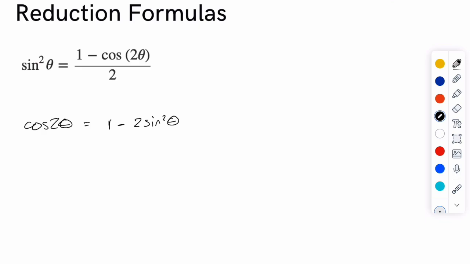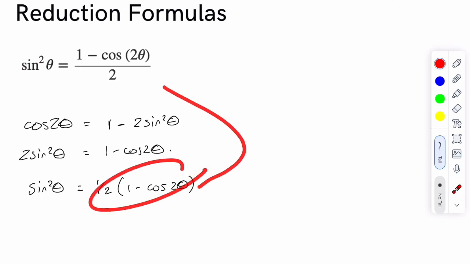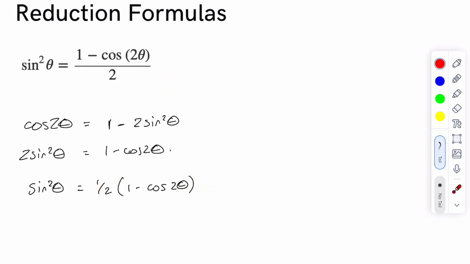Therefore we get 1 minus cos 2 theta equaling 2 sine squared theta, which means that sine squared theta is equal to a half of 1 minus cos 2 theta, which equals this. Pretty simple. It's just a way to show how this works.